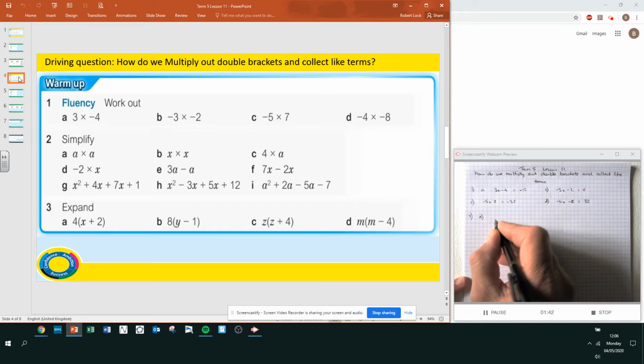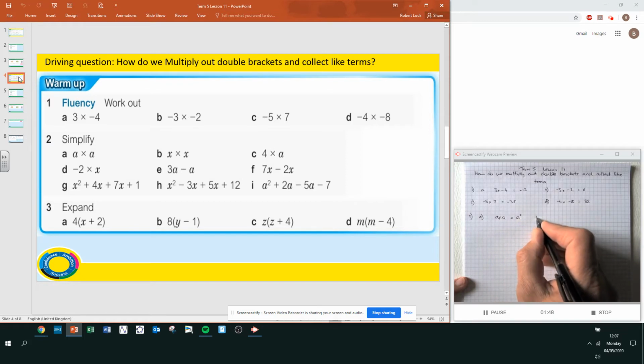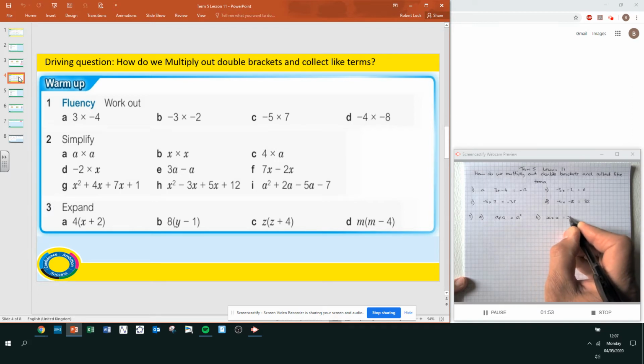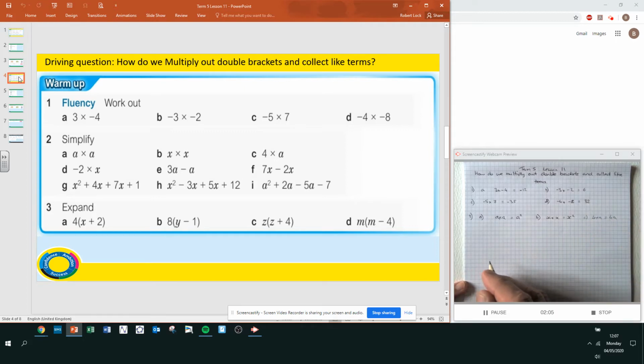Question number 2. A. A times A is A squared. B. X times X is X squared. C. 4 times A is 4A.